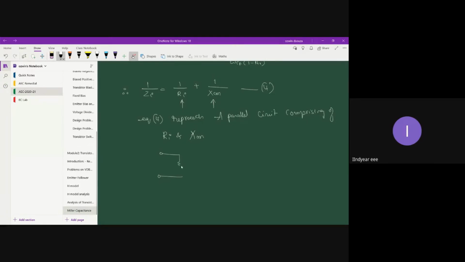So you have Ri in parallel with the Miller capacitance, whose reactance is XCM.